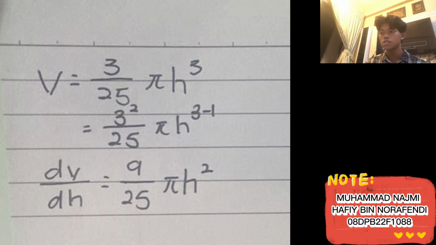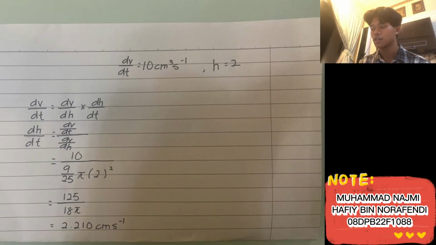Now move on to the next step. We need to find dV/dh. We just differentiate the volume answer, and we get dV/dh equals 9/25 pi h squared.